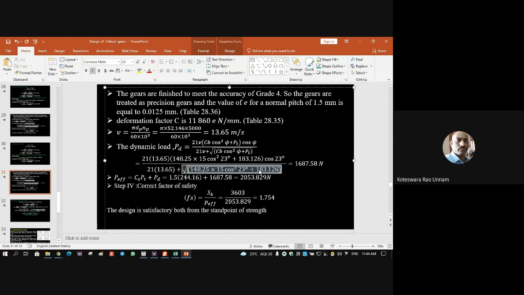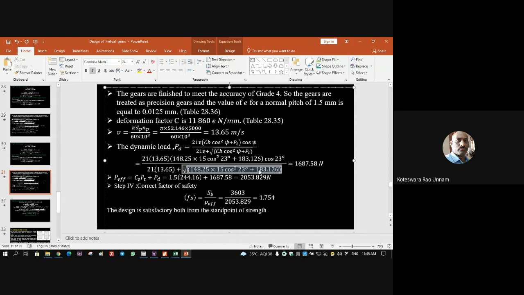Okay, now if you want to calculate that: 2067.37 into 13.65, which is the velocity, into 21, divided by 21 plus 45.46 into cos 23.